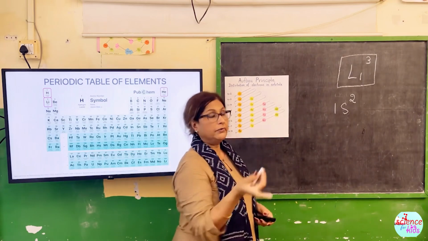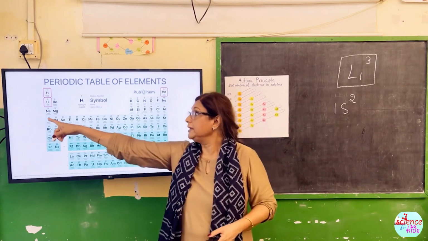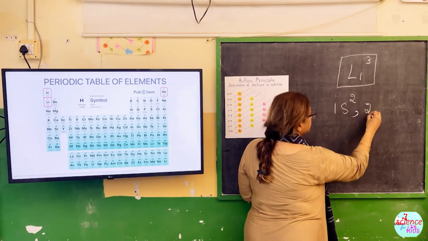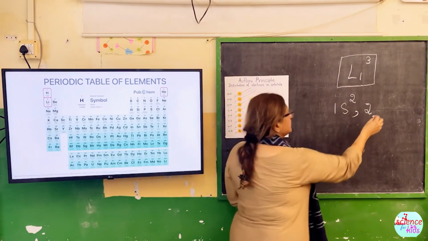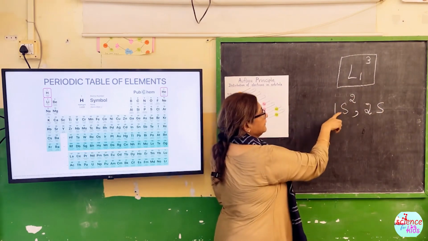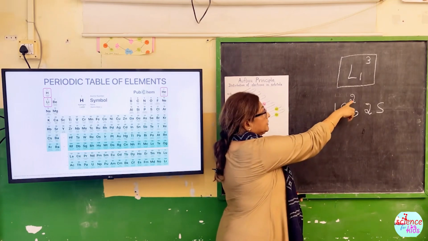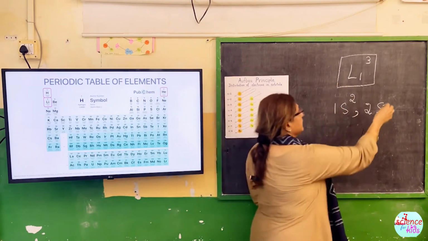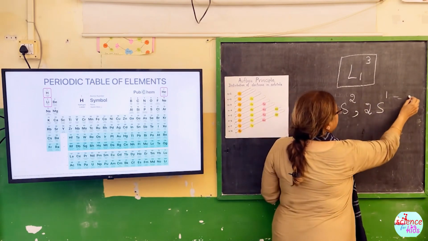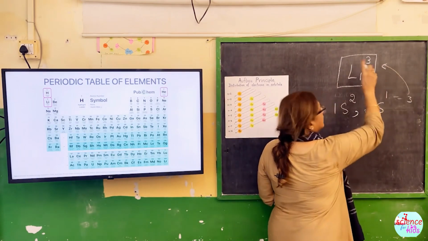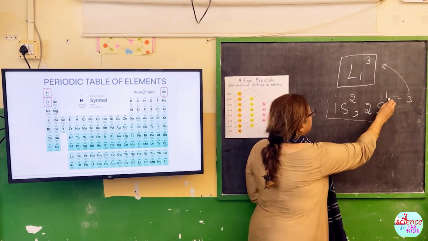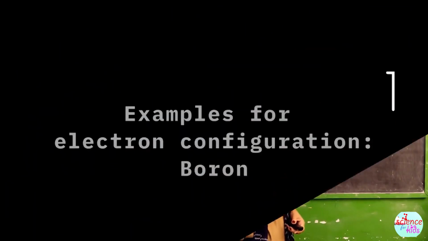So what do we do? We move on to the next period, which is period 2, still in sublevel s. And how many electrons are left here? 2 already in period 1, 1s2, and 1 extra, which will be 2s1. So 2 plus 1 is 3. So the total number of electrons here is 3, which matches your atomic number. So this is the configuration for lithium.